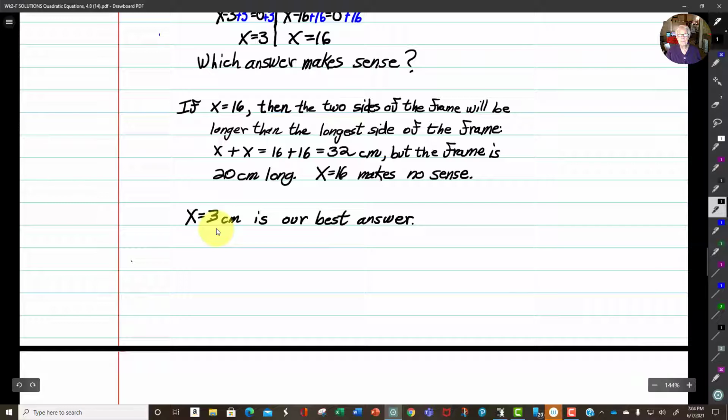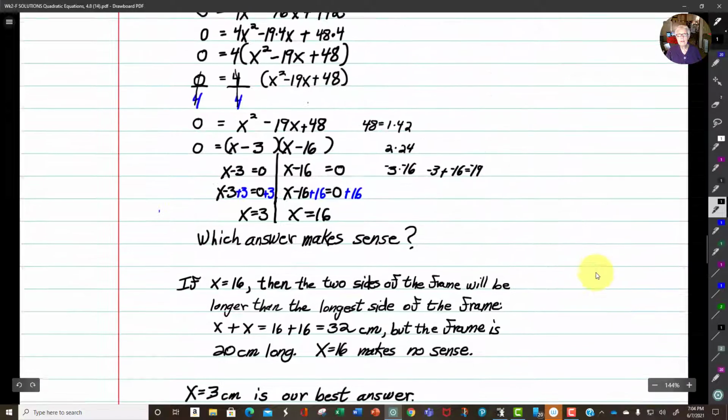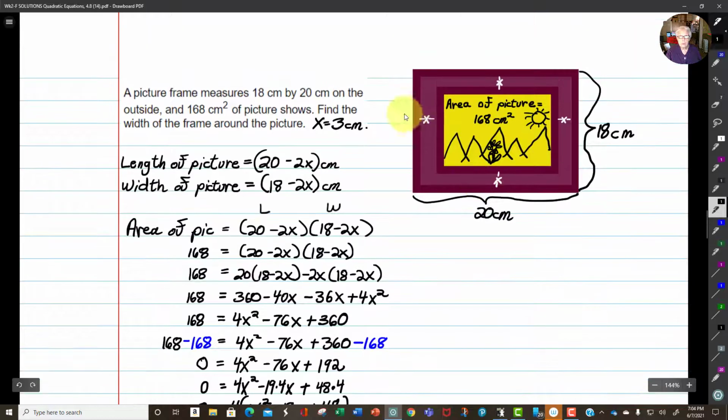So 3 is my best answer, 3 centimeters. The width of the picture frame is 3 centimeters. And that's what I've been asked to find. Find the width of the frame around the picture. Remember, you can always back this up and go forward again.